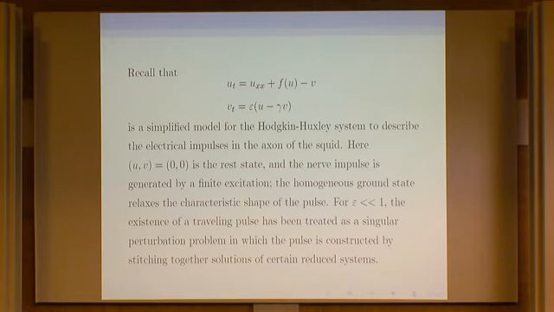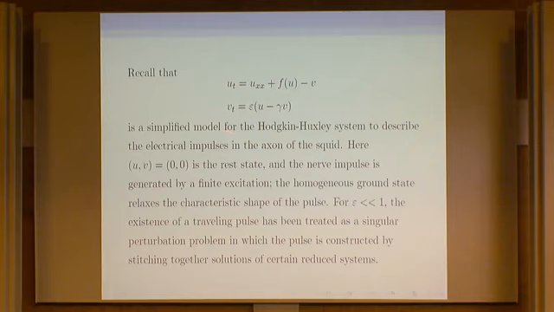Well, actually, in history, this is the so-called FitzHugh-Nagumo system. The difference is in the second equation, there's no diffusivity on v. That's a simplified model of the Hodgkin-Huxley system to describe the wave propagation in the axon of the squid.